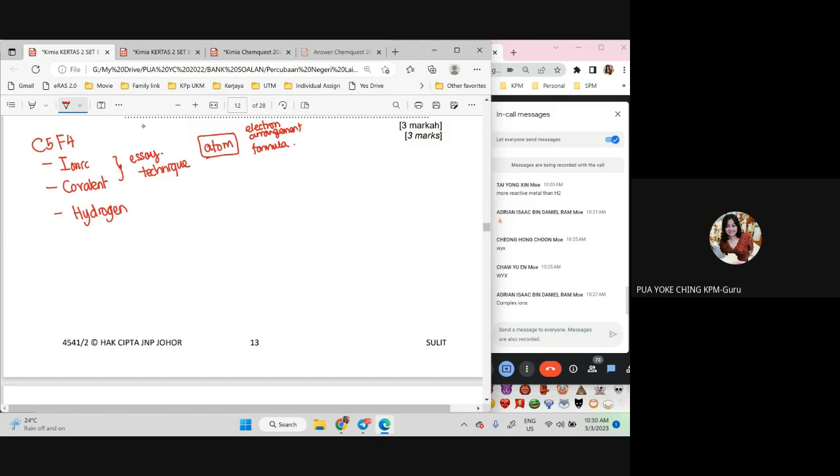For hydrogen bond, make sure you know your definition and how to form hydrogen bond. It's a bond between hydrogen atoms attached to a more electronegative atom, which is N, O, F. With hydrogen bonding, it will affect your melting and boiling point.